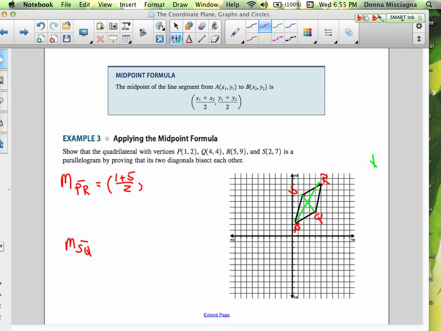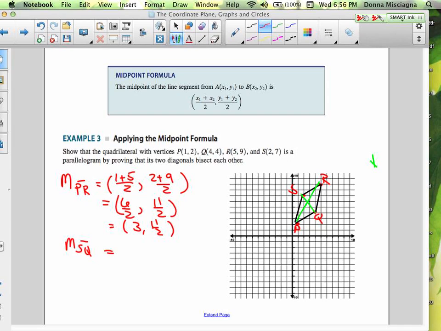That's going to be the x coordinate of the midpoint, and 2 plus 9 divided by 2. That would give us 6 divided by 2 and 11 divided by 2. So that's 3, 11/2.